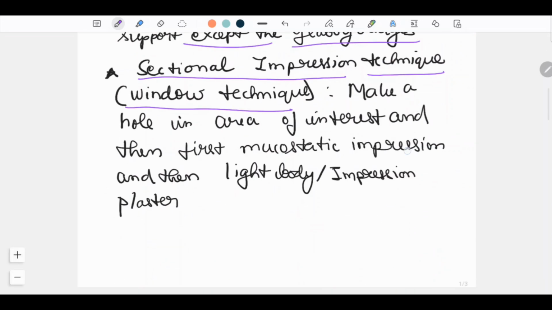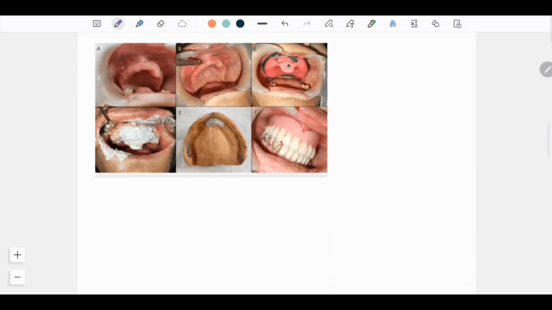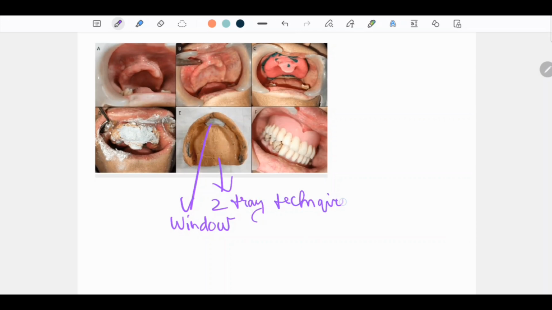Let me show a diagram. Here you can see a window, and this is a two tray technique. So we are going to use two types of trays separately.